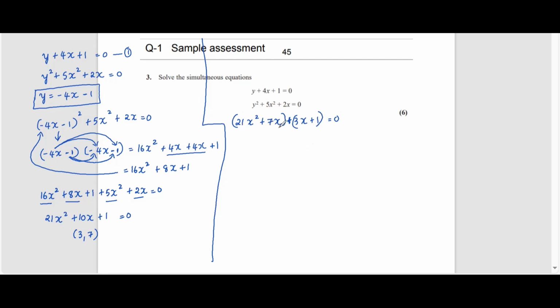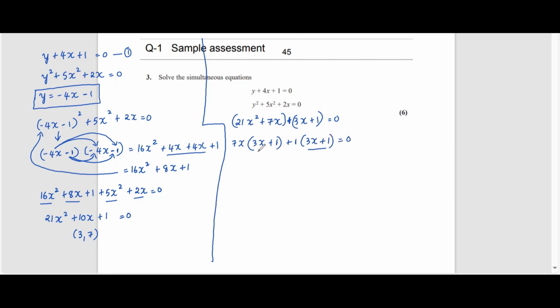From 21x² and 7x, we have 7x common. When you take 7x common, we are left with 3x + 1. From the second group, we don't have anything common, so we'll just keep 1 here. 3x + 1 = 0.